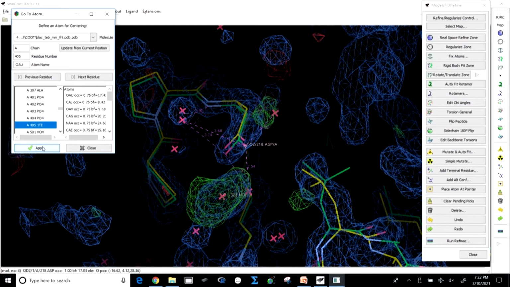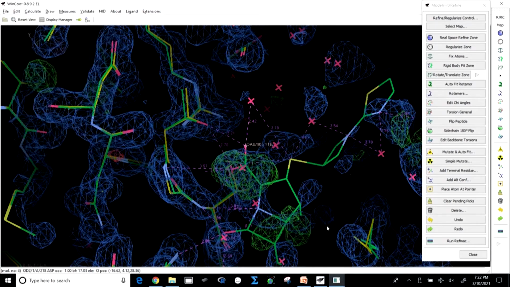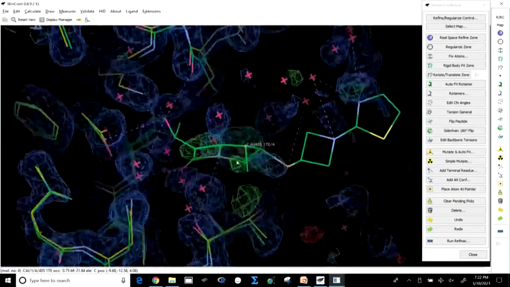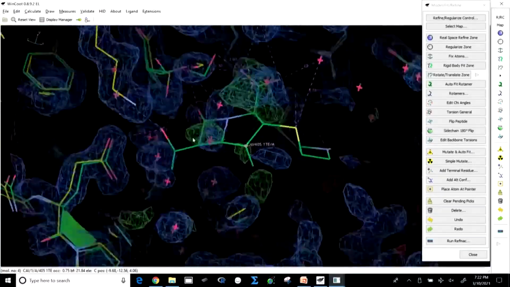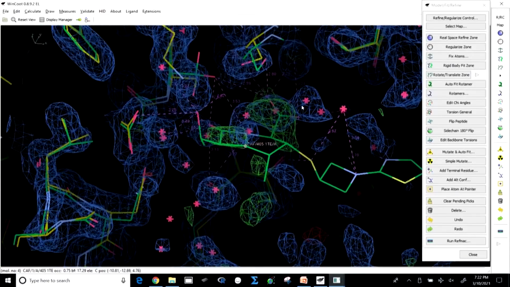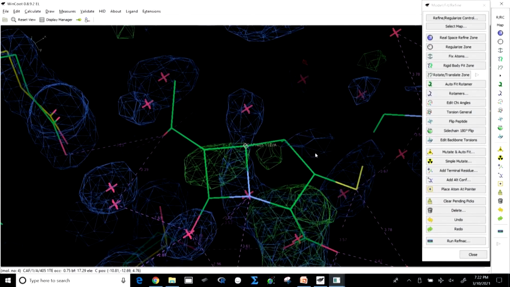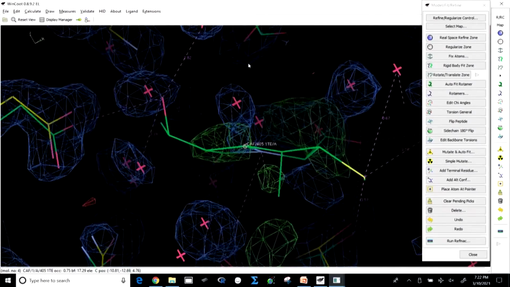In most cases, the not common thing is the drug or ligand. See here, this is the Michaelis-Menten complex, we call it, because the 4-membered ring is perfectly intact.